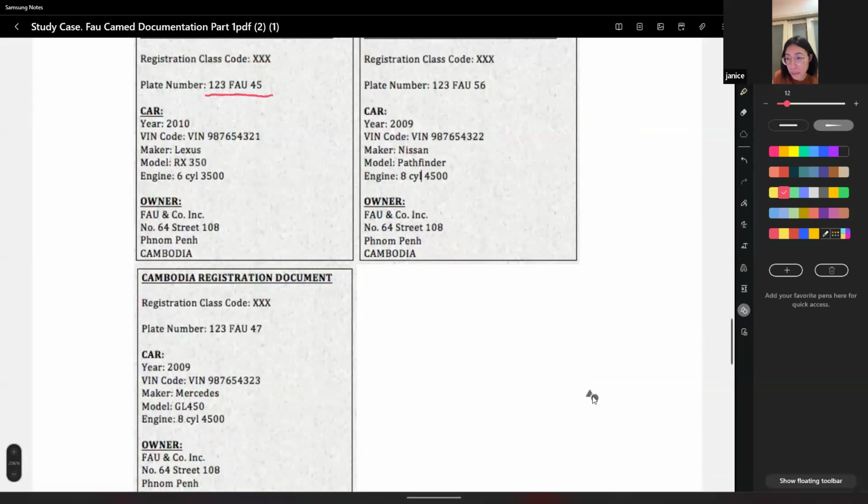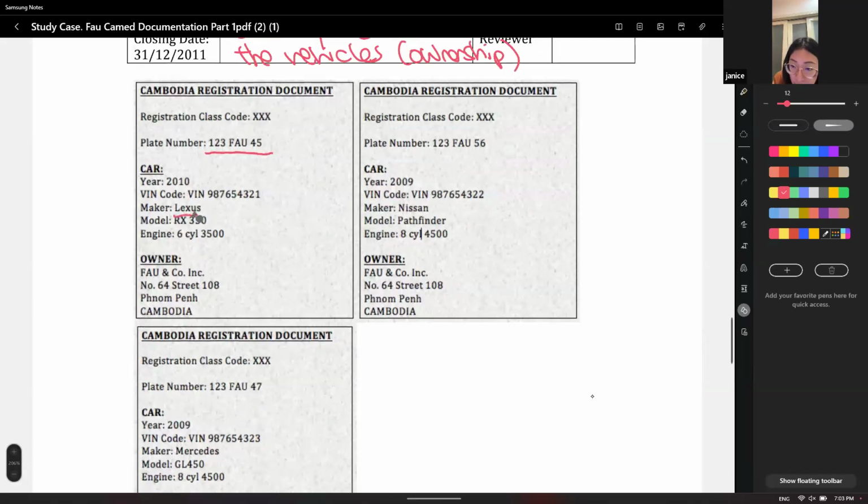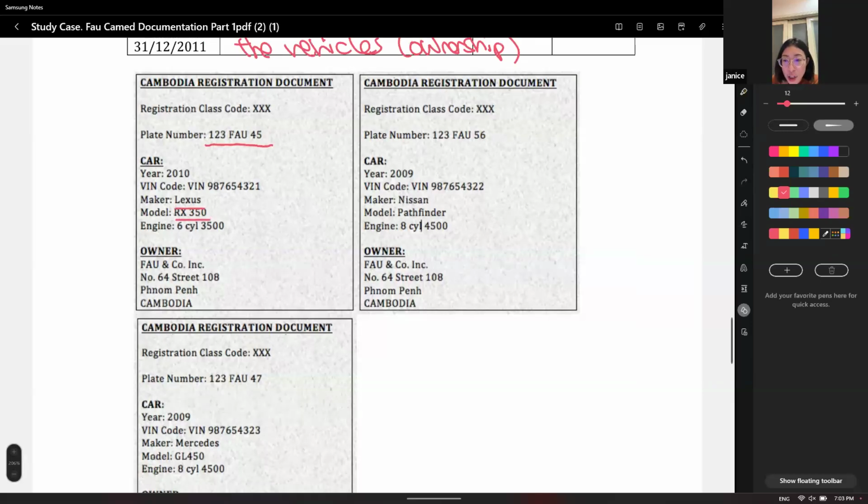It's a Lexus RX 350, all right? It's the same. It's the same plate number. Usually each car also has a VIN number that we can check. The VIN number is unique to every car to make sure this is the car.